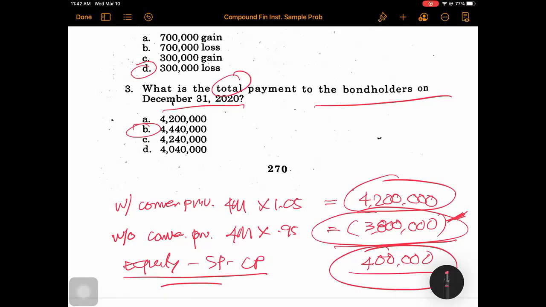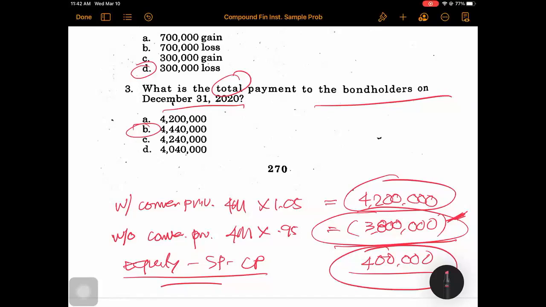ang bonds, it's either i-convert siya or bayaran ni issuer. Di ba? So, dili pwedeng masabay siya nga nag-convert at the same time gibayaran. Dili pareha sa bonds issued with share warrants, bali naa sa liability, pwede na equity. Pwede i-exercise ni holder ang iyang share warrants, pwede pod dili.